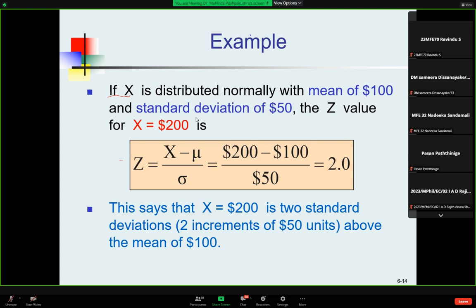Calculate the z value when x equals 150, and when x equals 50. If x equals 150, the z value becomes 1. If x equals 50, the z value becomes minus 1.